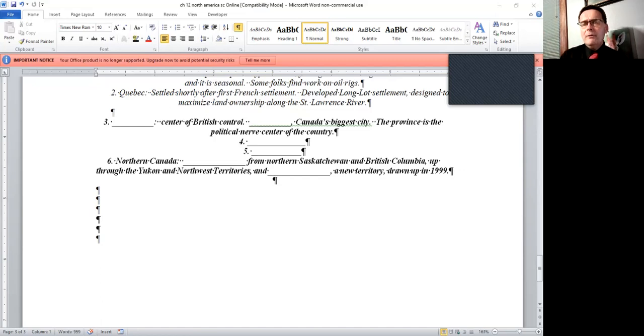Alberta is of specific importance because it is the oil producing region, and it arguably produces a large swath of money for the Canadian economy, a lot of their oil money.